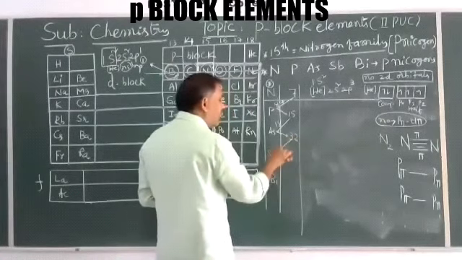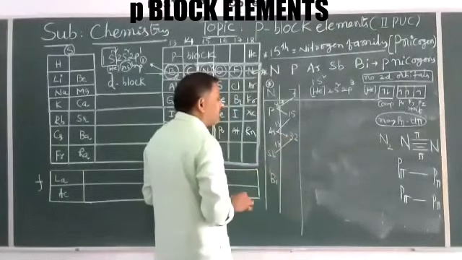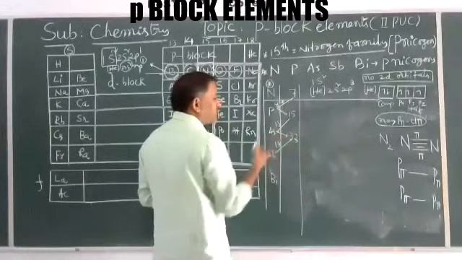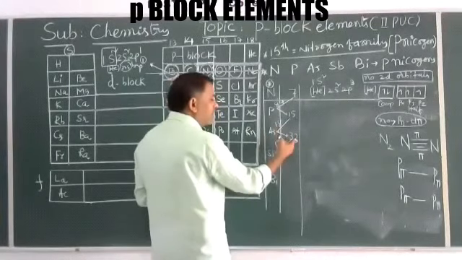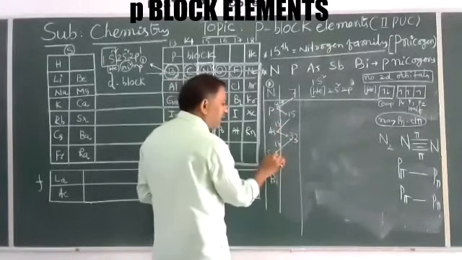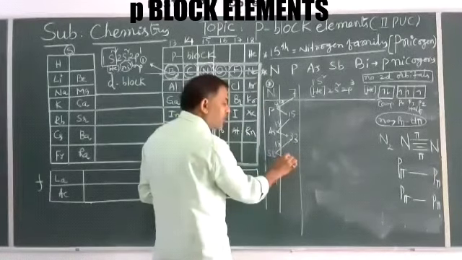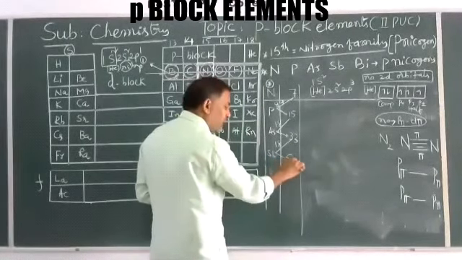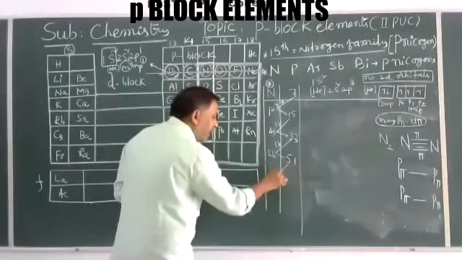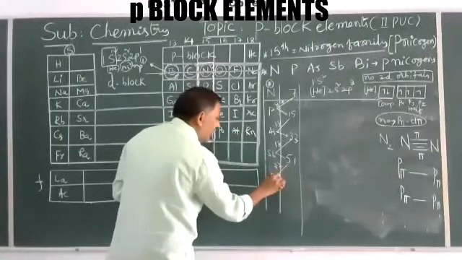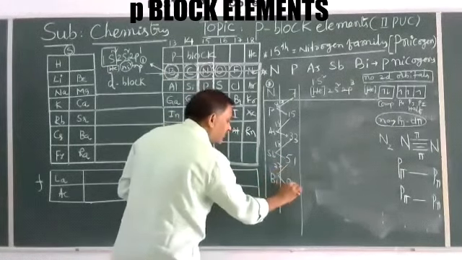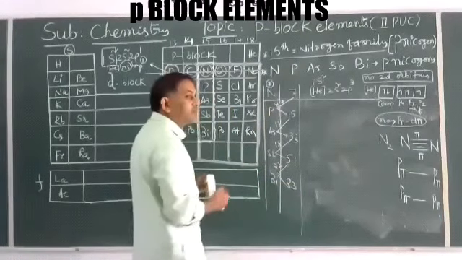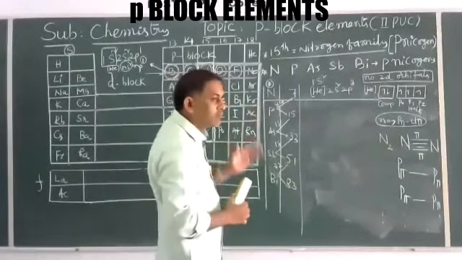And to this 33 again add 18, and we get antimony, which is 51. Now to this add 32, then we get 83. So the atomic numbers are easy to remember and easy to write.